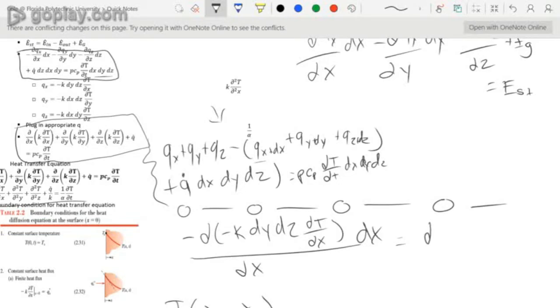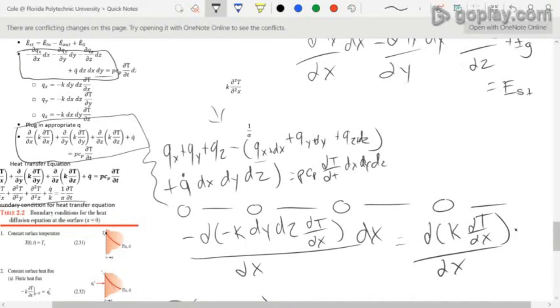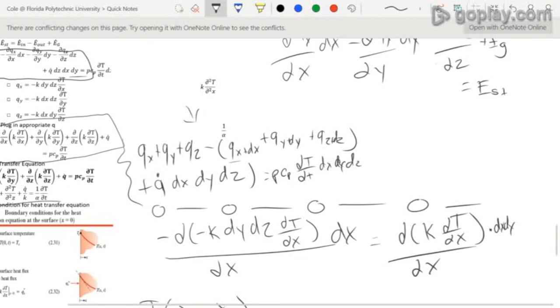So you're going to get positive k with the temperature gradient in the x direction, with respect to x, times the dx, dy, and dz. So we'll denote that as equal to dx times dy times dz.